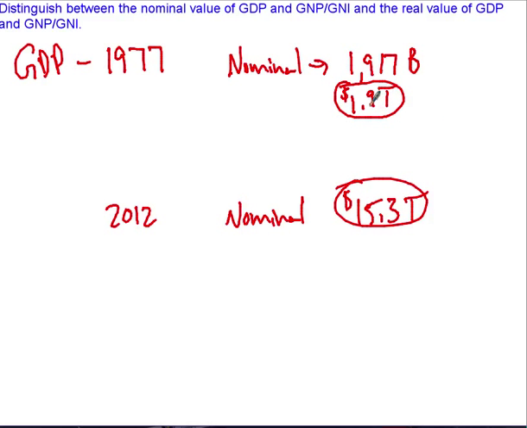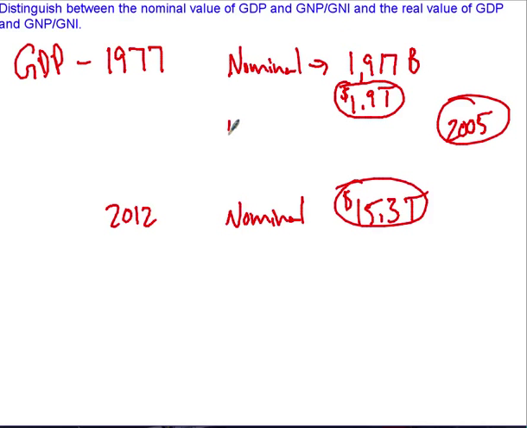So does that mean that our economy has grown a little over 7-fold over what we did in 1977? And the answer is no. What we want to do is pretend that everything that was produced in each year is put in terms of one year's value of $1. They put that in 2005 dollars. So we pretend that what was produced in 1977 sold at the value of $1 from 2005, and what was produced in 2012 sold at the value of 2005.